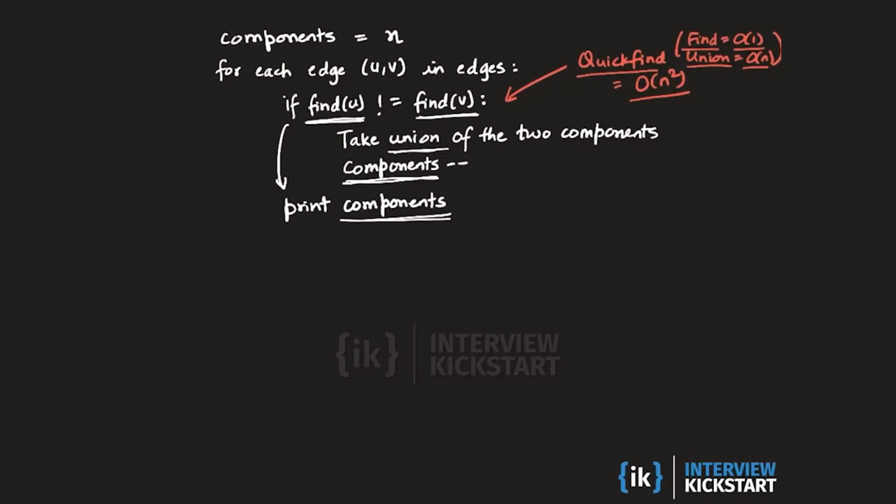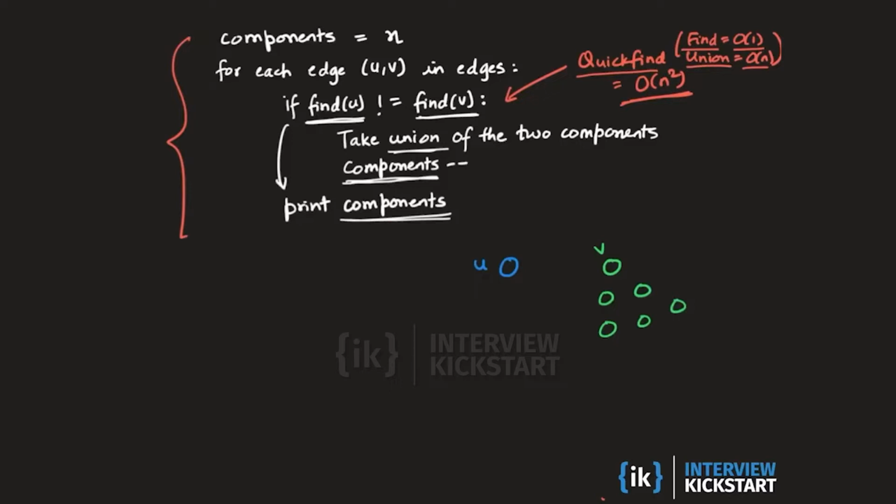And so in the worst case, the total amount of work done across this whole process would be order n square. Let's now try to see if we can improve the cost of the union operation to something better than order n for each union.